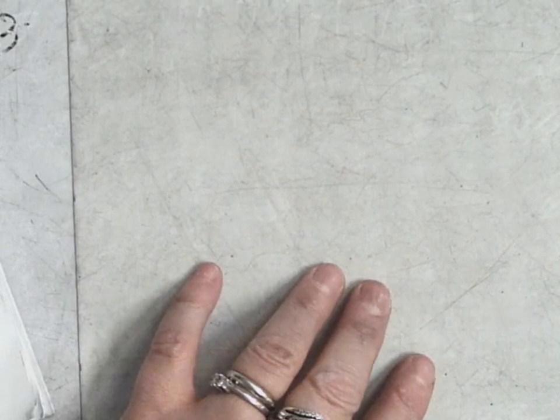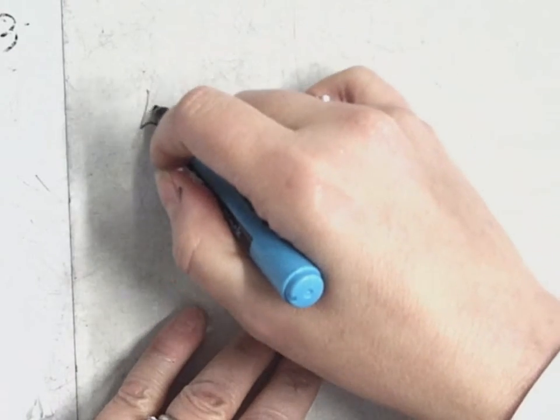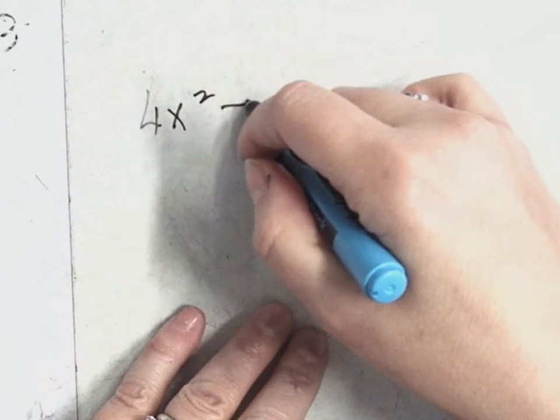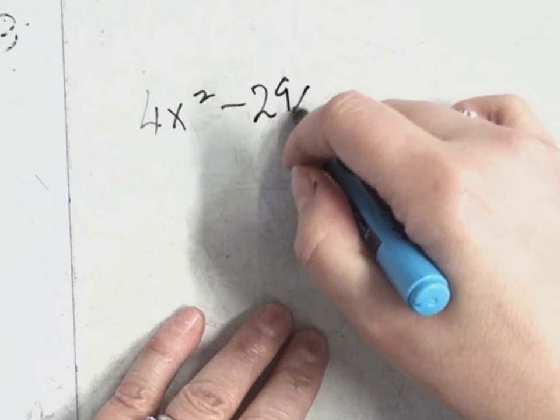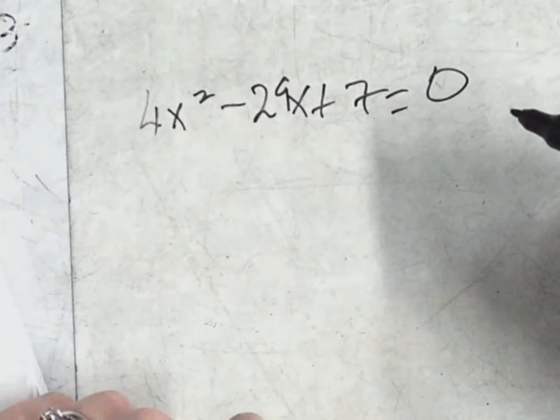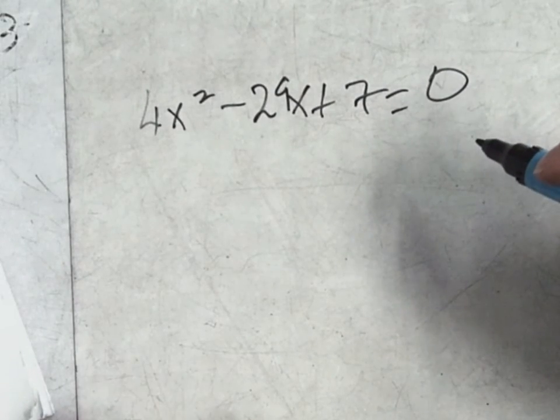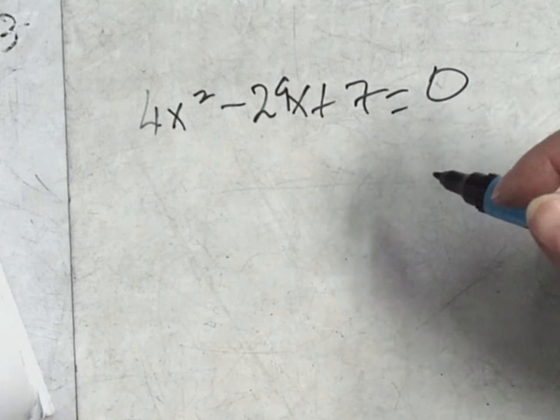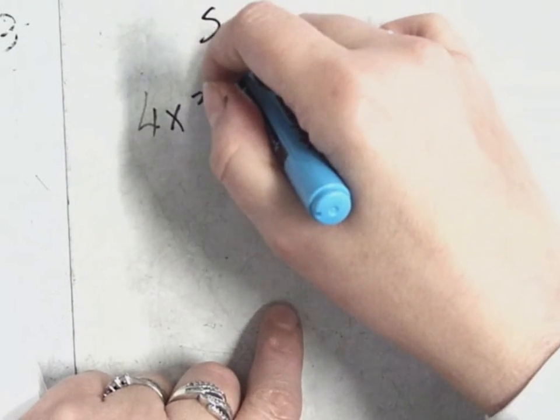So if I had something like 4x squared minus 29x plus 7 equals 0, can you just do the minus b for them? Yeah, you don't have to do what you did. If it says solve, you can do the minus b for that.